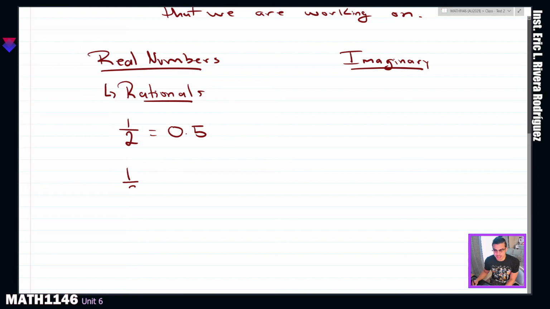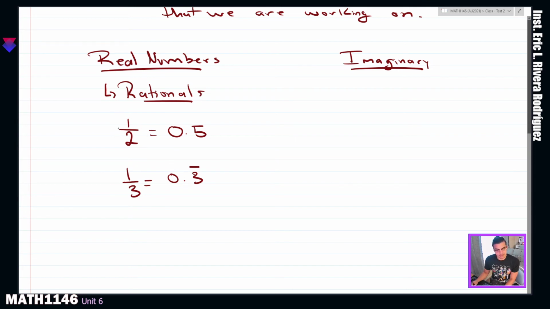For another example, 1 over 3, that's 1/3. So we know that the decimal never ends. Okay, so we're going to have 3, 3, 3, 3, 3, 3. But because there is a repeating pattern, that's one way to identify that 0.3333 or 1/3 is a rational number.